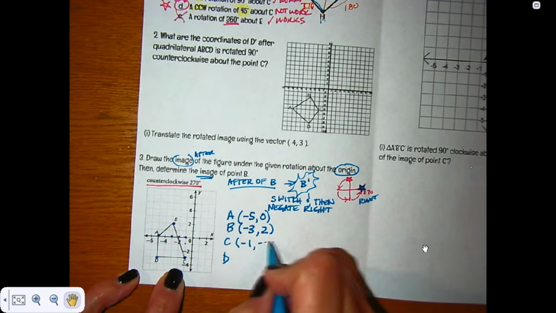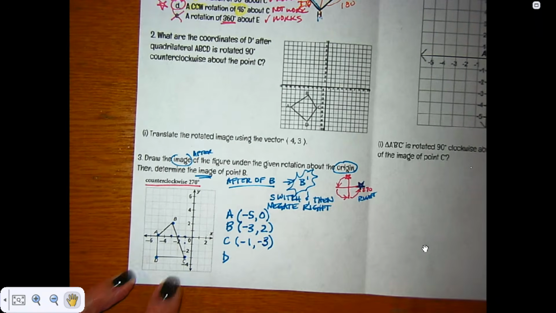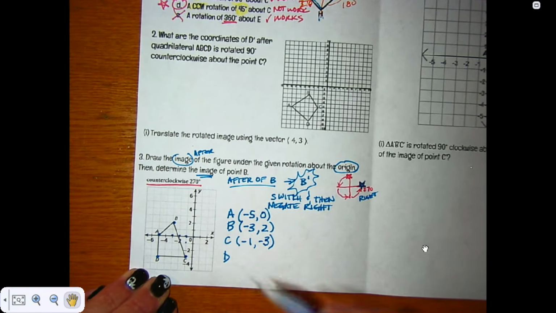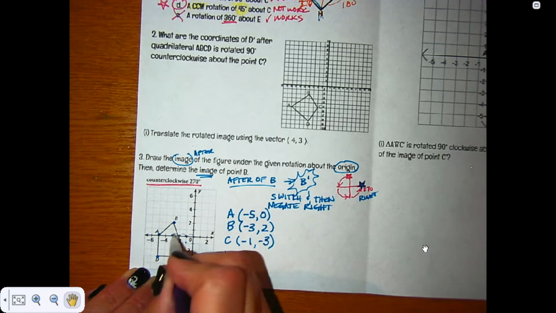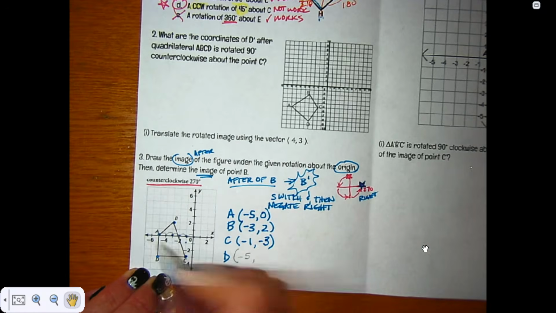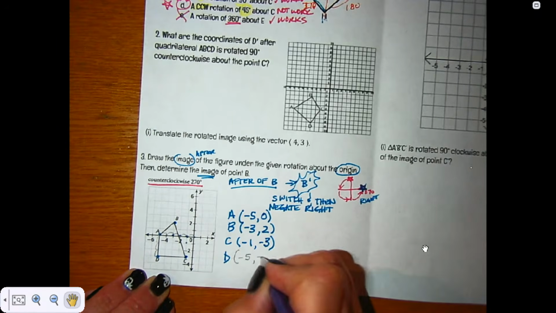I just don't want to write all over my graph with this marker. If you're going to count bubbles, get a pencil. So if I'm going to do D, remember, you're going to go bubbles backwards. 1, 2, 3, 4, 5 bubbles backwards. So that's -5. And then 1, 2, 3 bubbles down. So that is -3.